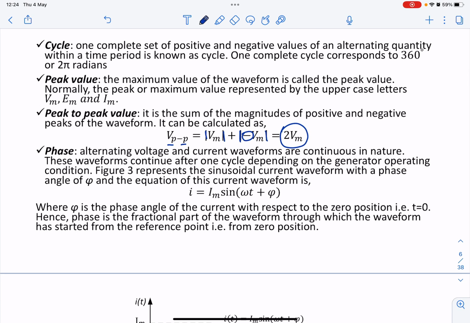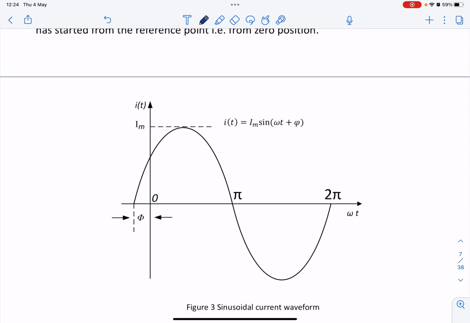Okay, so phase. Alternating voltage and current waveforms are continuous in nature. These waveforms continue after one cycle depending on the generator operating condition. Figure 3 represents the sinusoidal current waveform with a phase angle, and the equation of this current waveform is this one. So if you look at this diagram, let's say this is your current waveform and this is your voltage waveform.